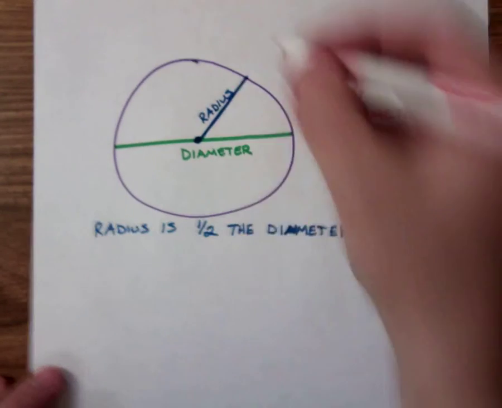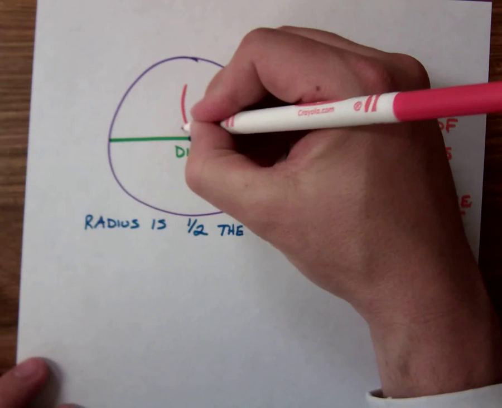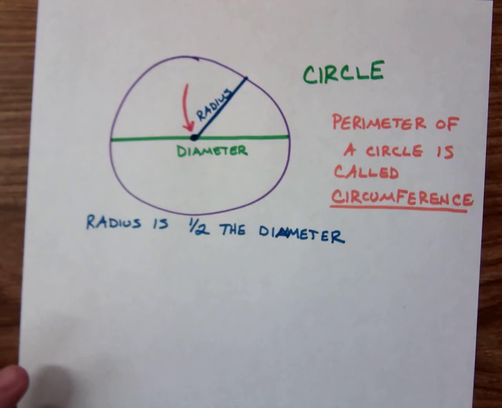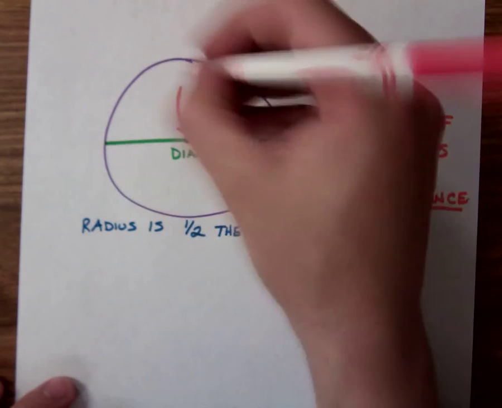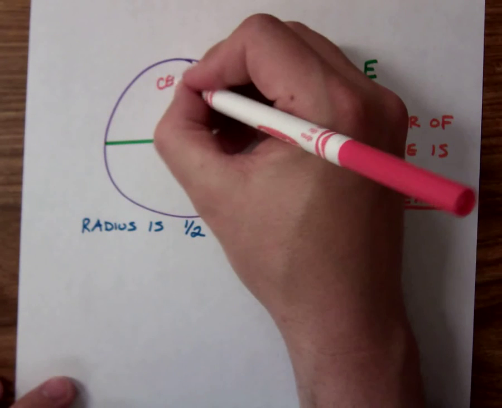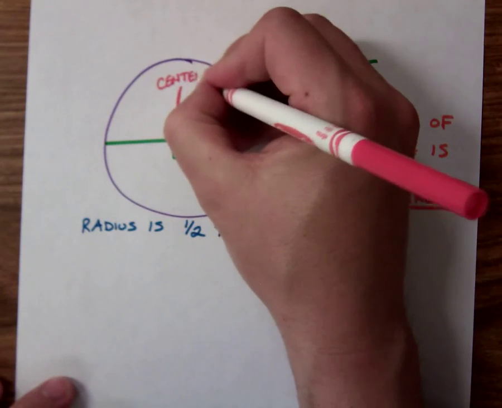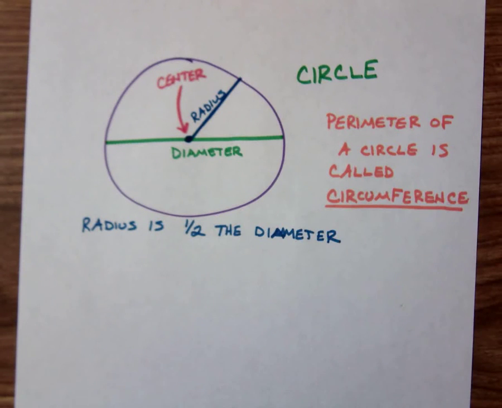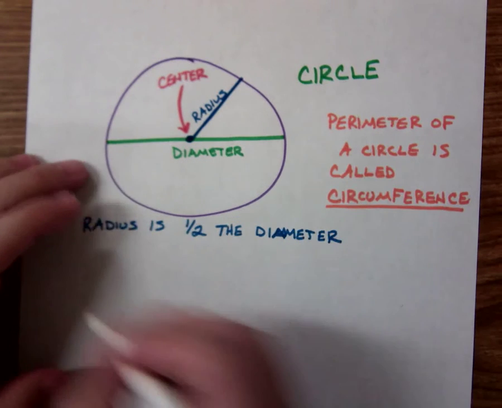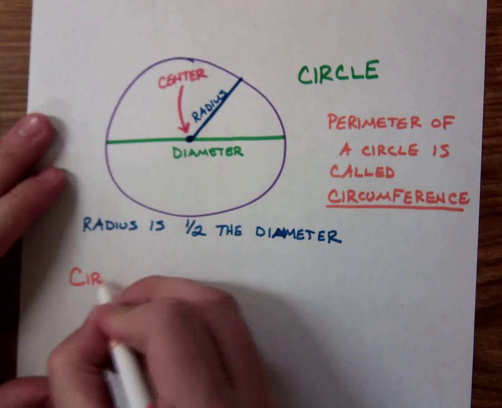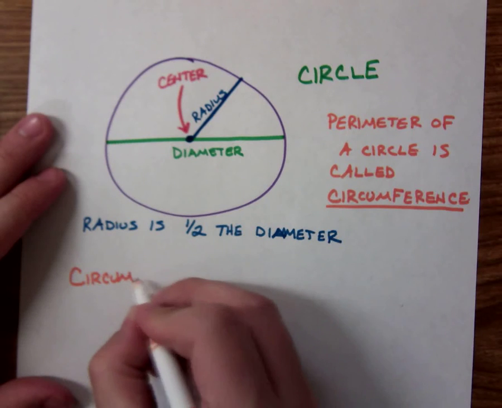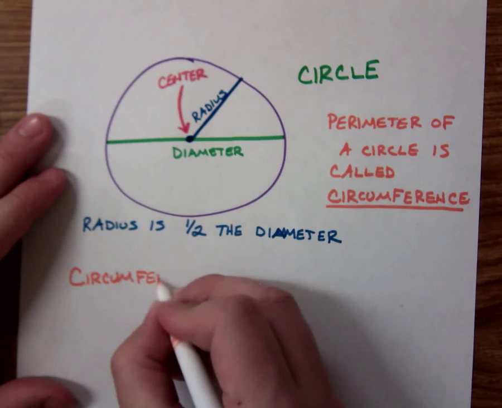Finally, this spot where the radius and the diameter meet, you know what that's called? Yeah, that's the center. It doesn't have a fancy name, I'm sorry to say. It's just called the center. Now, the reason I needed to tell you the names of those is because there are two different formulas for finding the circumference of a circle, depending on whether you are using the radius or the diameter.